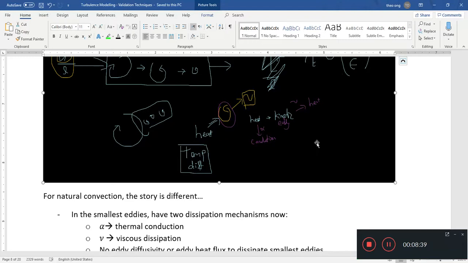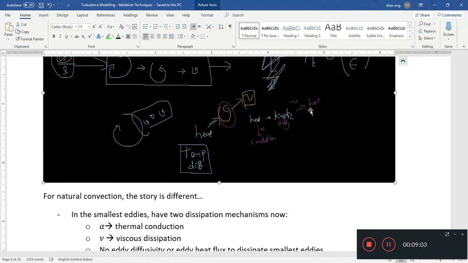So remember your second law of thermodynamics: heat always flows from high temperature to low temperature. So there's a conservation of energy here, which is normal, but this heat, which is dissipated via viscous dissipation, cannot be used to drive eddies, because on average, the second law of thermodynamics doesn't allow for that.